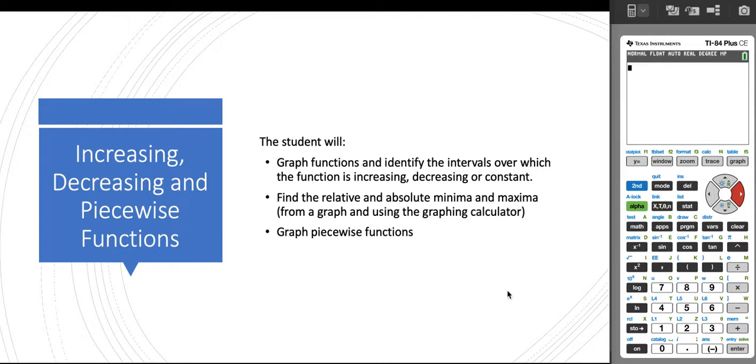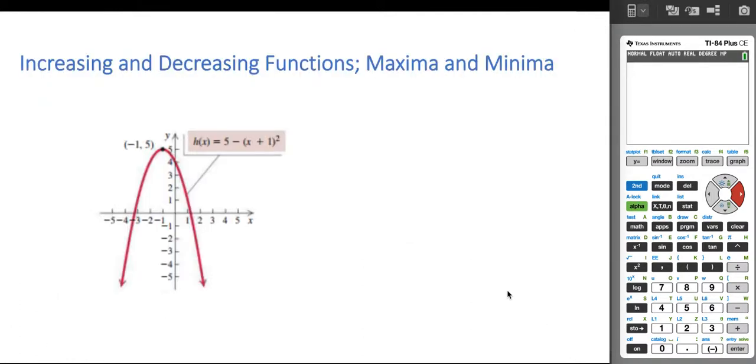Okay, so the first thing we're going to do is talk about this concept of increasing and decreasing. So look at this graph that's in front of you. When is this function increasing or decreasing? Imagine you were walking on this graph from left to right.